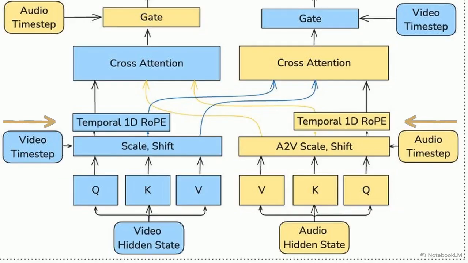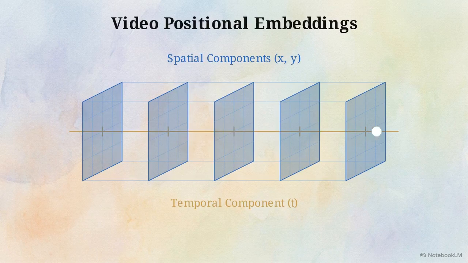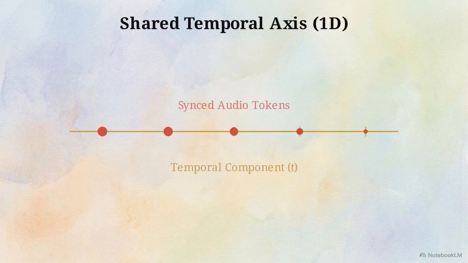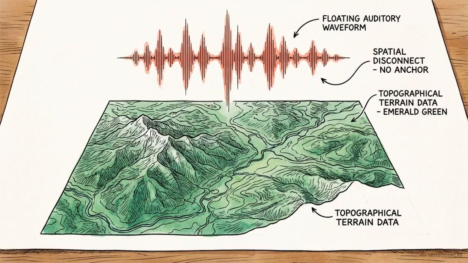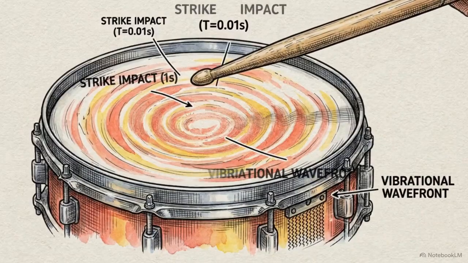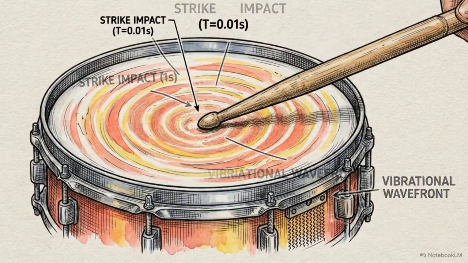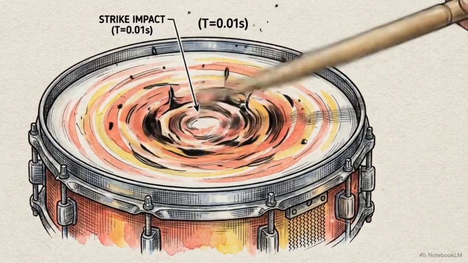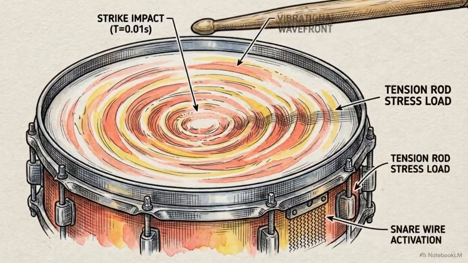Then, the model applies temporal 1D rotary positional embeddings, or RoPE. During this cross-modal exchange, the spatial components of the video's positional embeddings are deliberately discarded. The model doesn't attempt to map a sound to a physical coordinate at this stage. Instead, aligning the queries and keys purely along their shared temporal axis enforces strict subframe synchronization between the moving image and the audio waveform.